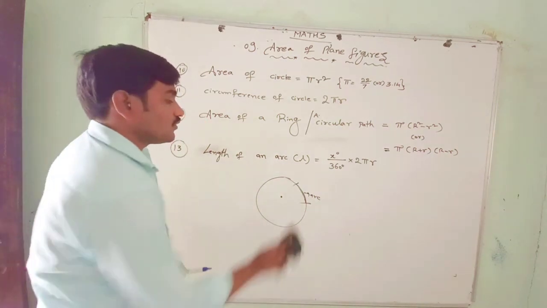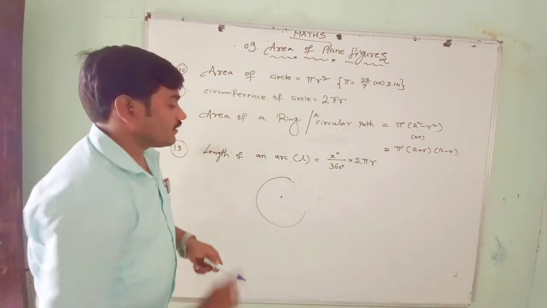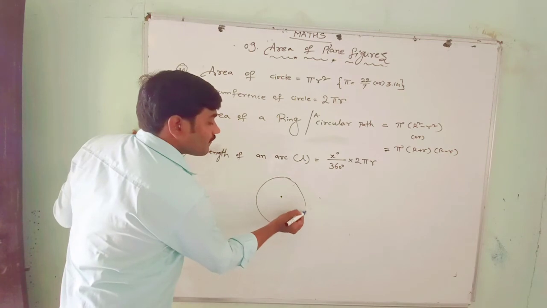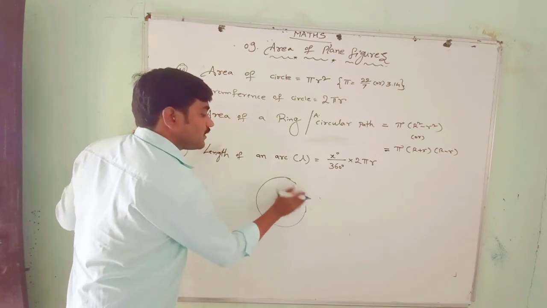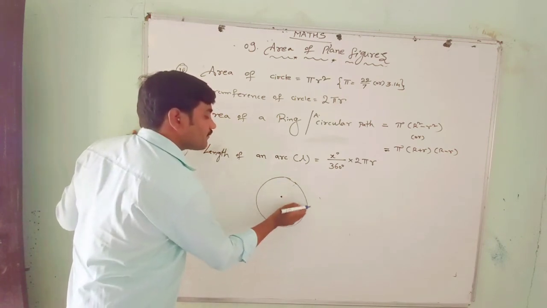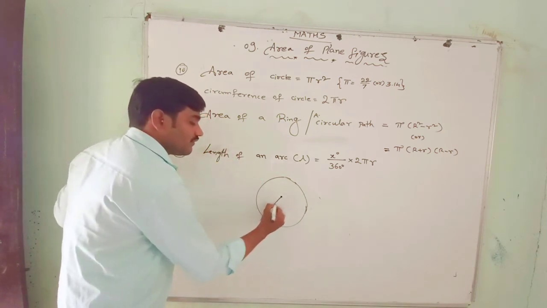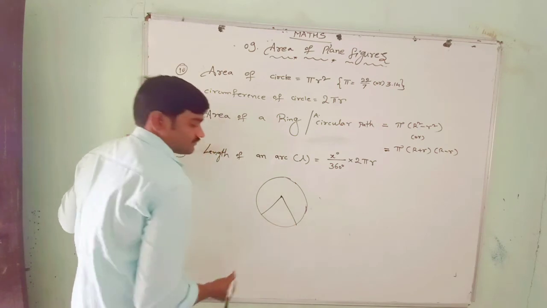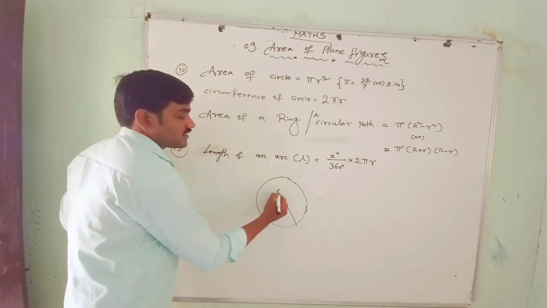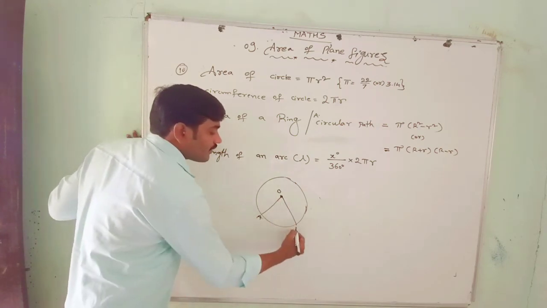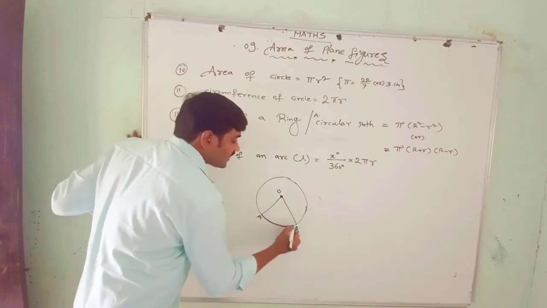Now let us go for this. We'll find out the length of an arc which is bounded by two radii. Suppose it is O, A and B. Now we can find out the length of an arc.